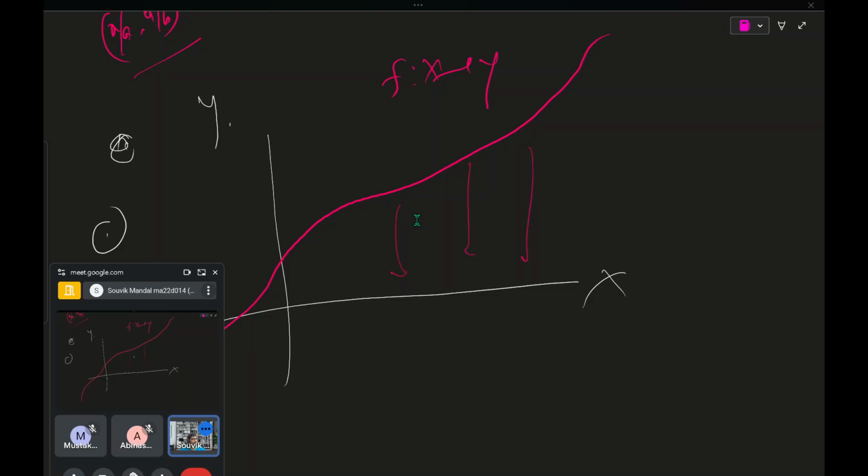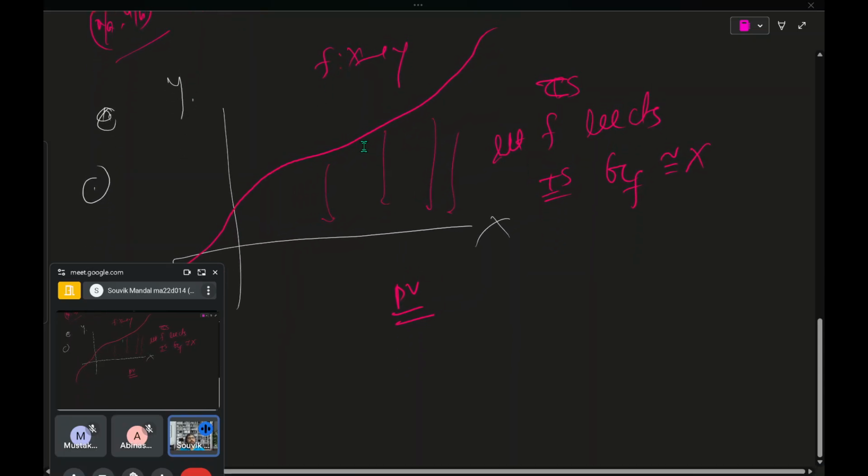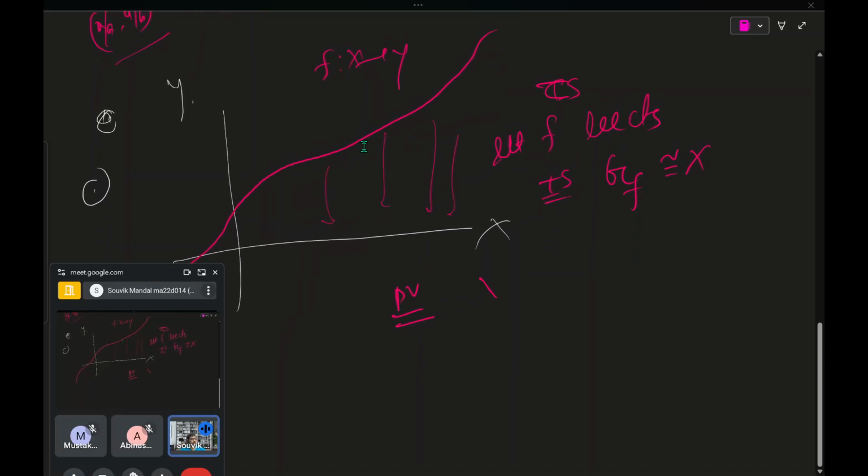So the next theorem is: let f be continuous, then show that the graph of f is homeomorphic to X. How to prove this? Basically, we need to construct a function from X to the graph of f as follows: x goes to (x, f(x)).